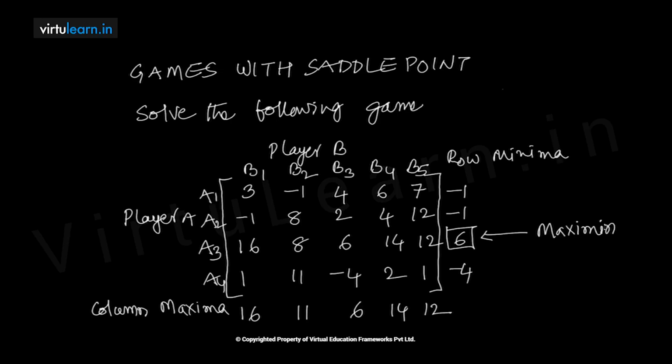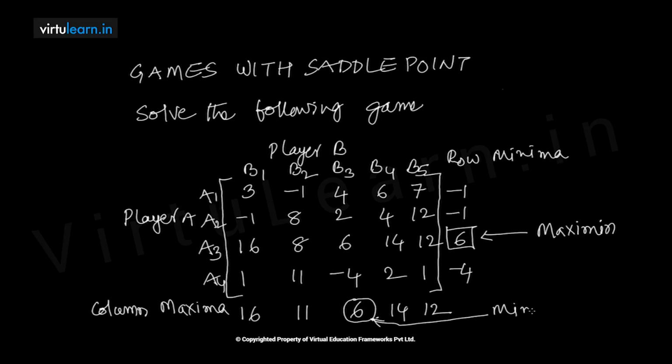Similarly, player B wants to choose a strategy which will minimize the loss, that is marked with a circle, which we call minimax, minimizing the maximum loss. That is the reason we mark that.